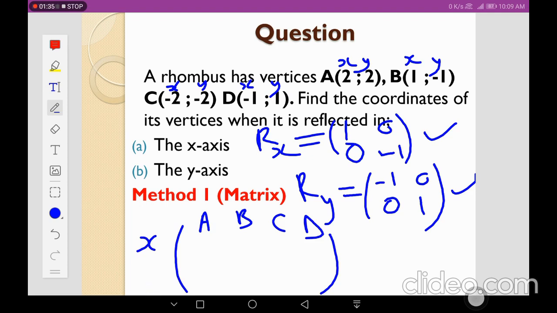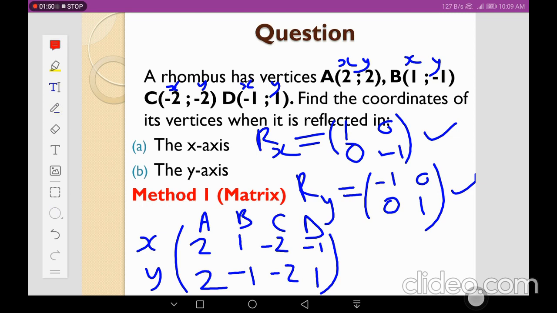For A, I have 2, 2. For B, I have 1, -1. For C, I've got -2, -2. For D, I've got -1, 1. So this is the matrix for our rhombus that I'm going to be using.